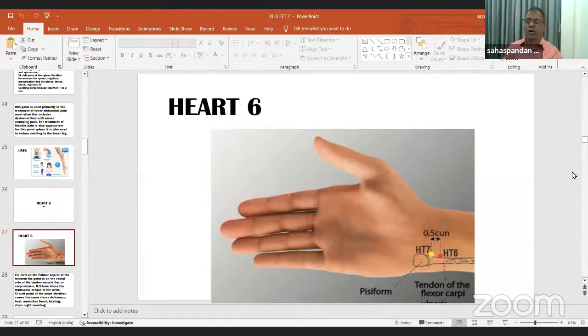This is the cleft point of the heart meridian. It clears deficiency heat and nourishes the heart, and it also stops night sweating. If there is night sweating, apply this point.